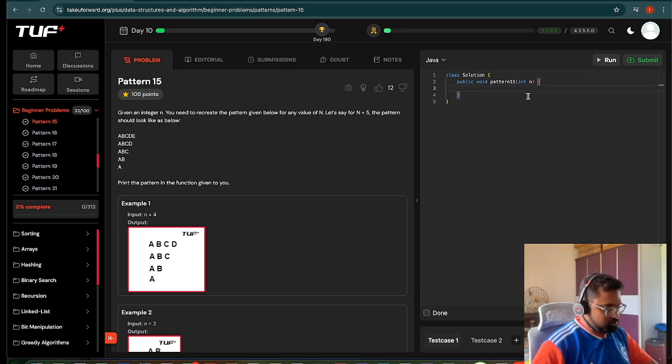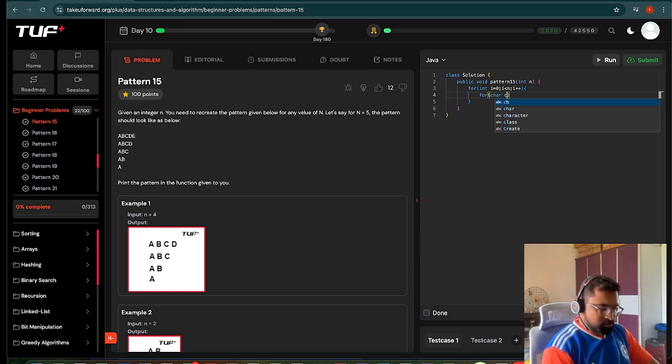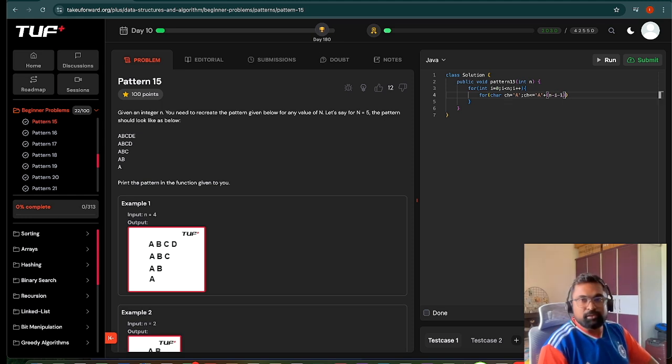We'll first write our outer for loop: for i equal to 0, i less than n, i plus plus. Then for character ch equal to A, then ch less than or equal to our formula that we derived, A plus bracket n minus i minus 1, then we'll do ch plus plus.